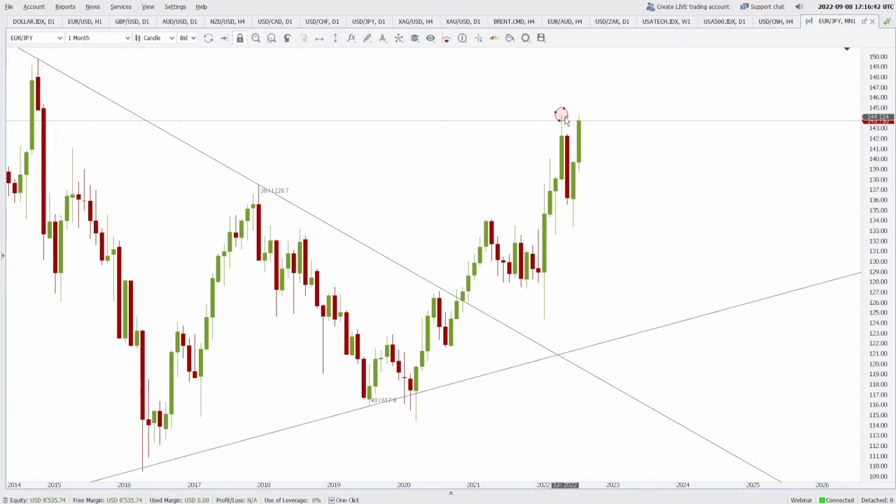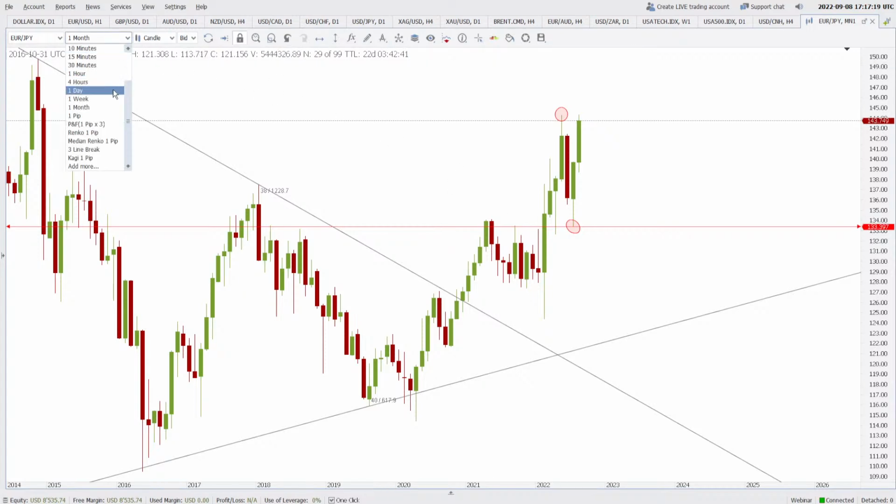After this high was made, the price made a low here, and this low can only be treated as a new higher low if this price action makes a higher high than the previous one. The previous high was 144.27, and this current high is 144.32. So it is not that significant, but it is still a higher high. Now, if it is a higher high, this becomes a higher low, and an important low, at least on the monthly chart. All right, I am talking about the long term.